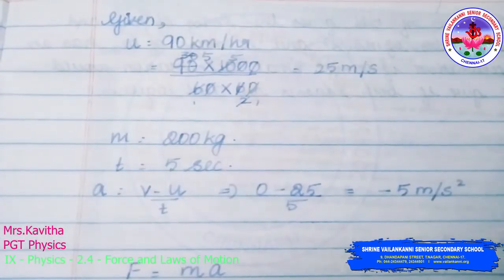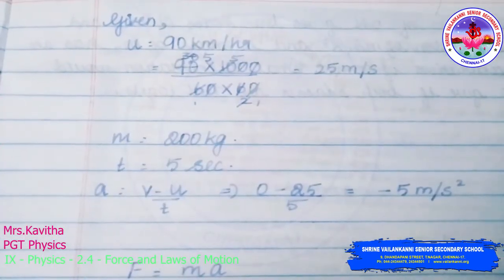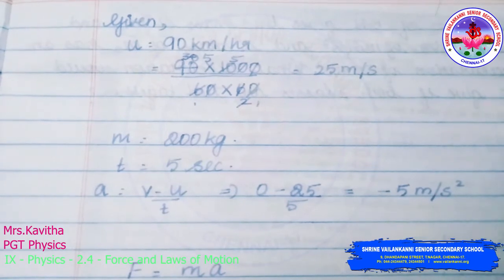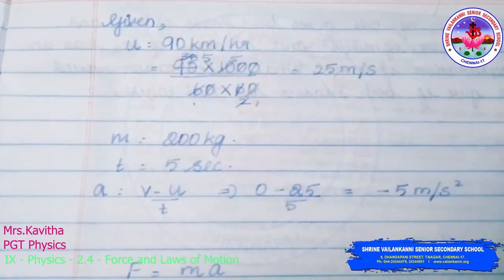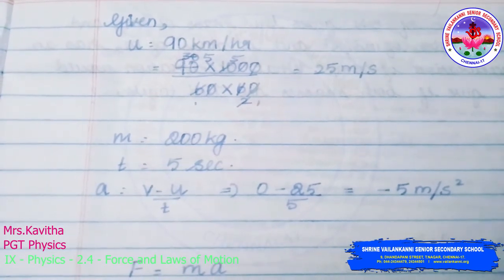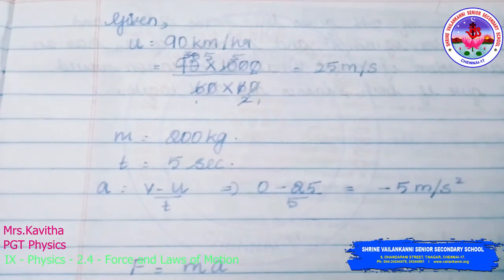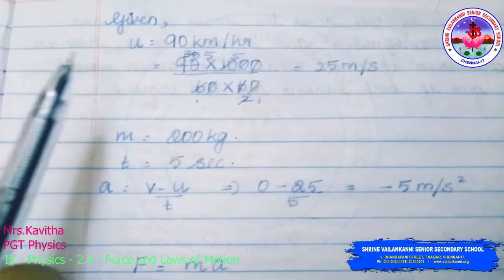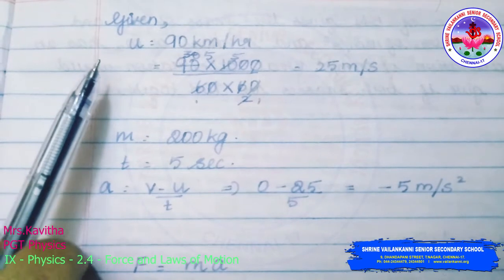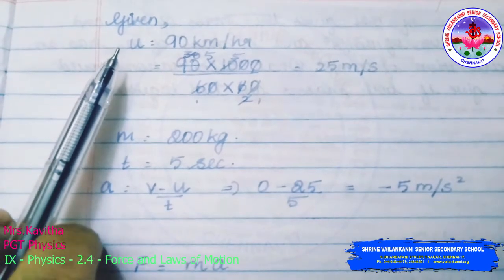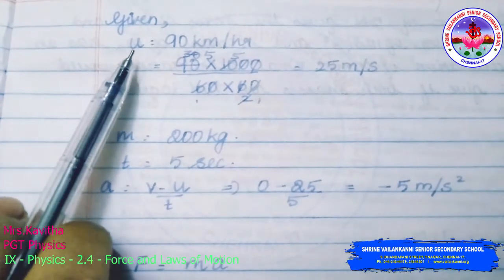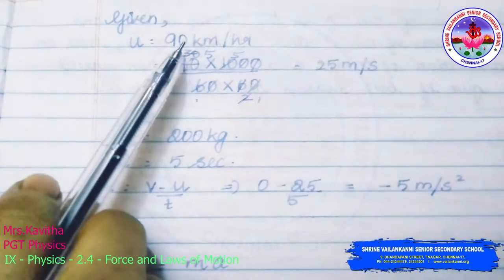Next question, a motorcycle is moving with the velocity of 90 km per hour and it takes 5 seconds to stop after the brakes applied. Calculate the force exerted by the brakes on the motorcycle if its mass is 200 kg. So they have given u, that means it's moving with the velocity of 90 kilometer per hour.